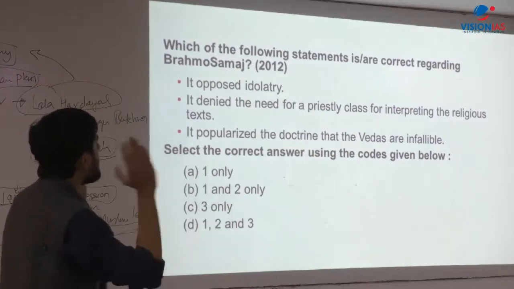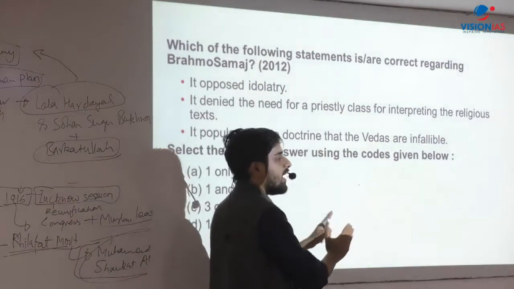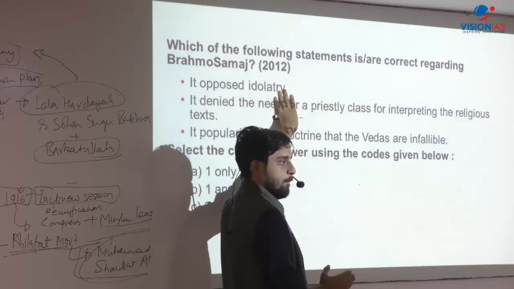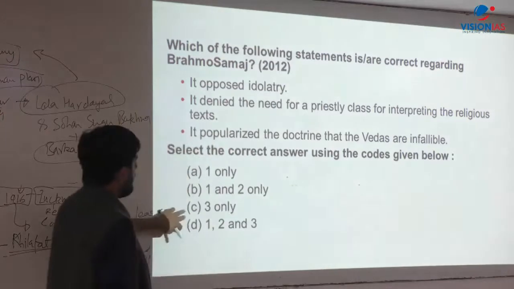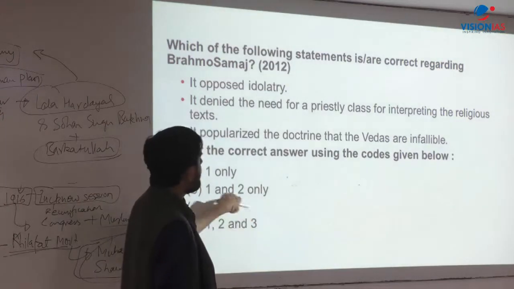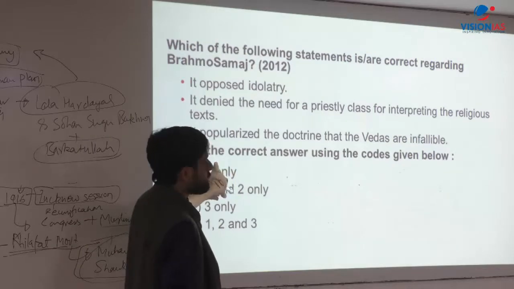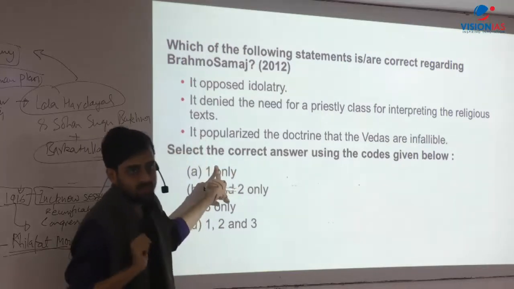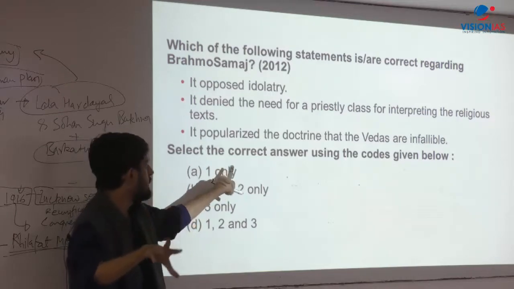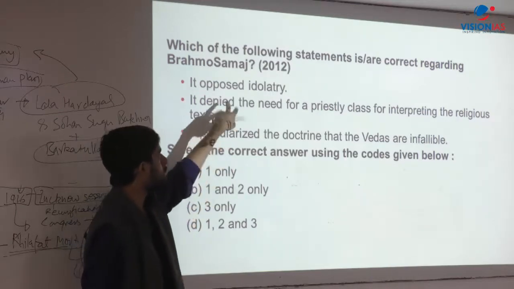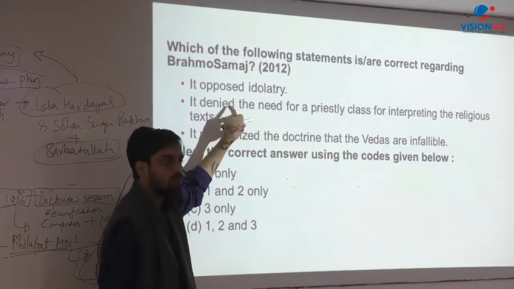देखिए, चिल्ला चिल्ला के मैंने बोला था that Vedas are infallible is about Arya Samaj, not about the Brahmo Samaj. Even if you know that third is incorrect, it leaves you with 2 options. Now, अब आप मुझे एक चीज बताइए. I saw there were some who raised the hand on 1, but did not, or there were some who raised the hand on 2, but did not raise the hand on 1.